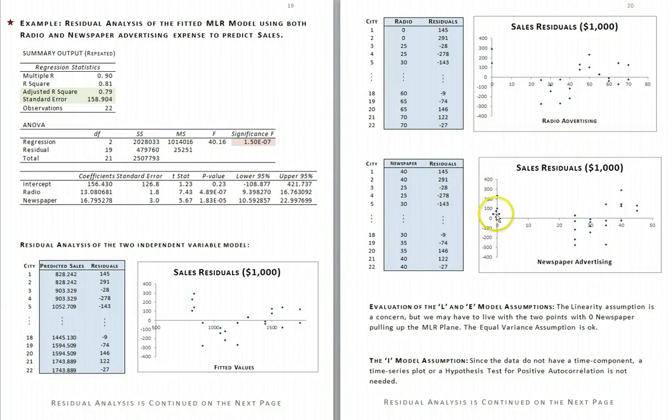In the case of the second scatterplot, there were two cities where newspaper advertising expense was zero, but looking back at the data, those two cities had a relatively high radio advertising expense.